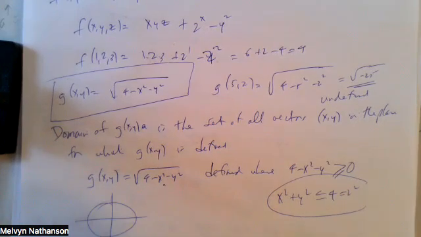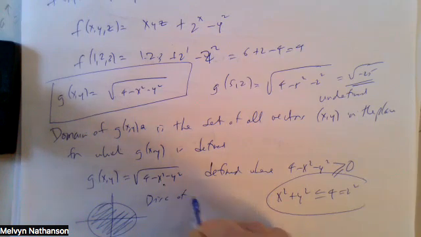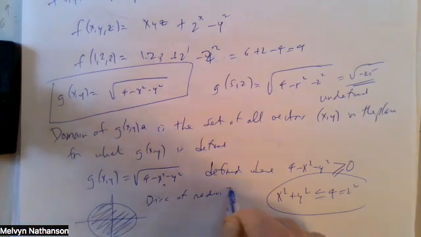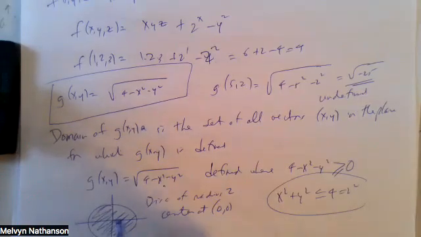X squared plus y squared equals 4 is the circle, and x squared plus y squared less than or equal to 4 is the disk of radius 2 and center at the origin, right?